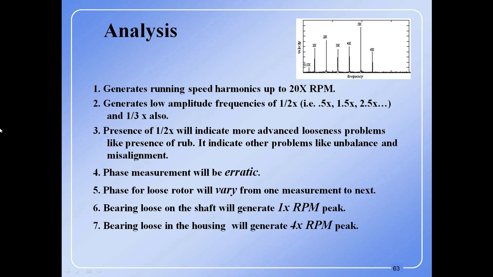It generates low amplitude frequencies at half x, meaning 0.5, 1.5, 2.5, and 1/3 orders also. Presence of half x will indicate more advanced looseness problems like the presence of rub. It also indicates other problems like unbalance and misalignment.